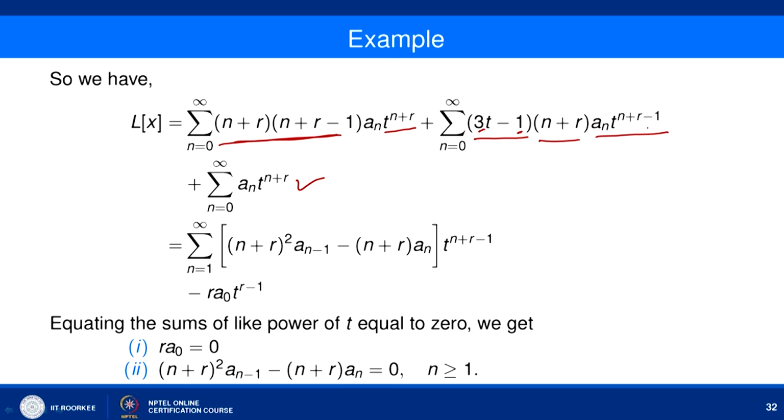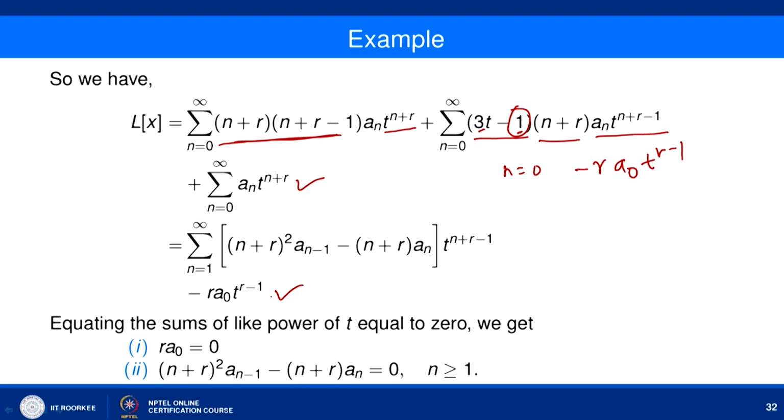So, let me write it for n equal to 0 here. Corresponding to this you will get minus r a naught and t to the power r minus 1, which I am writing here.